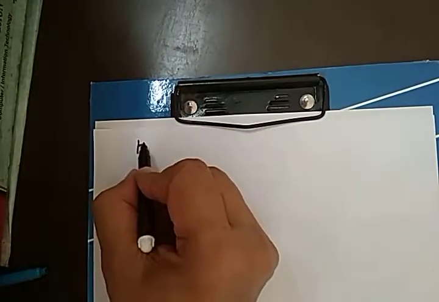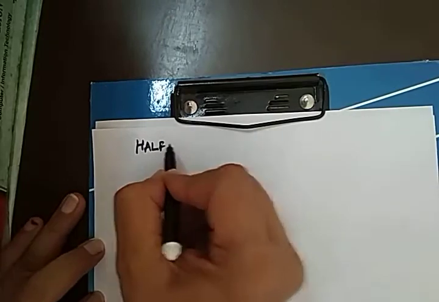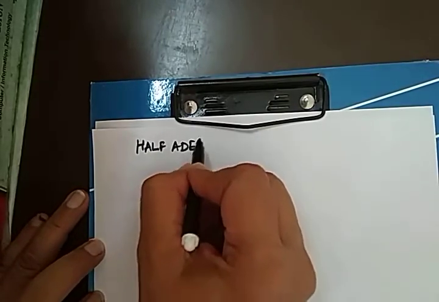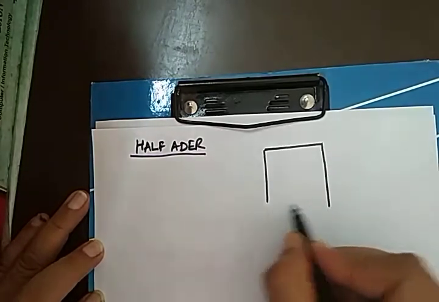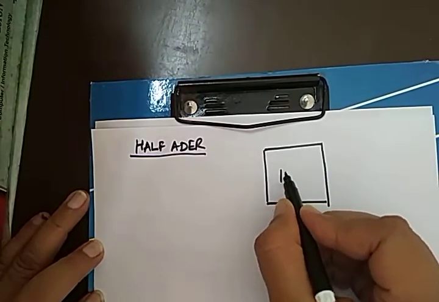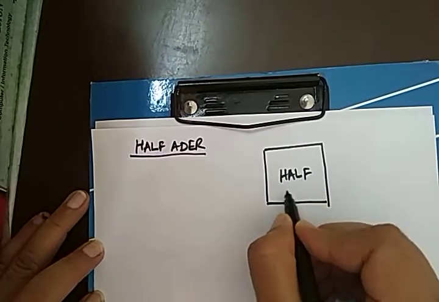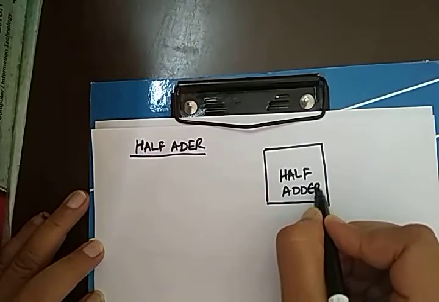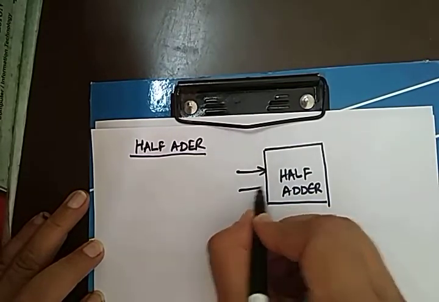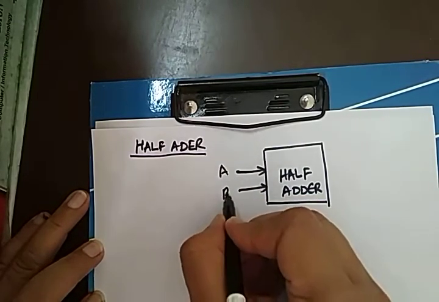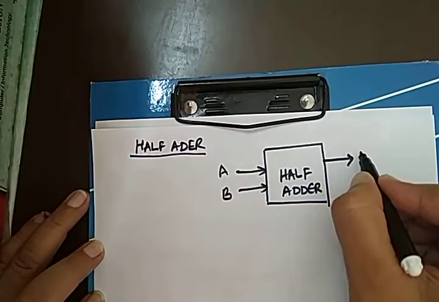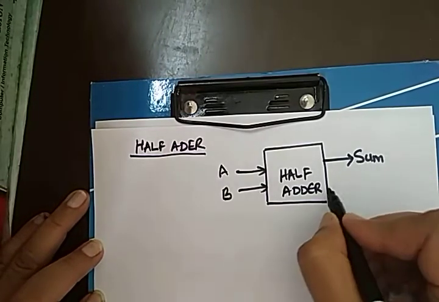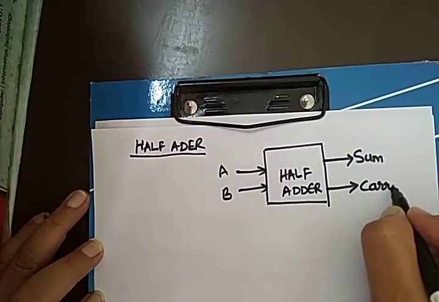So let us see the half adder. A half adder is a logic circuit which adds two bits A and B. If this is the half adder block diagram, it has two inputs A and B, and when two bits are added, the outputs generated are the sum and the carry.